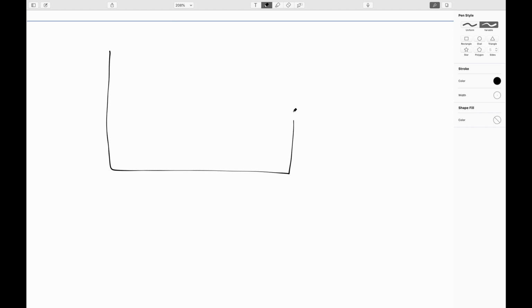Let's say you have yourself an iron cube. Now that's about the worst cube I've drawn in a long time. Let's try that again. There we go. So you have an iron cube.